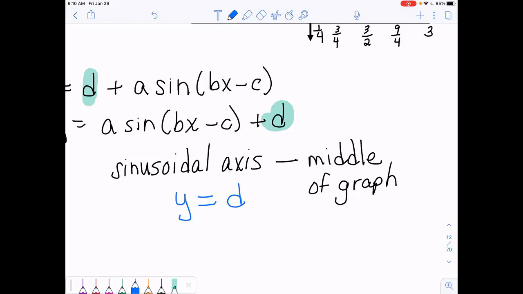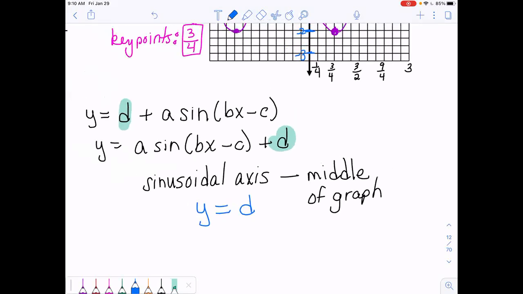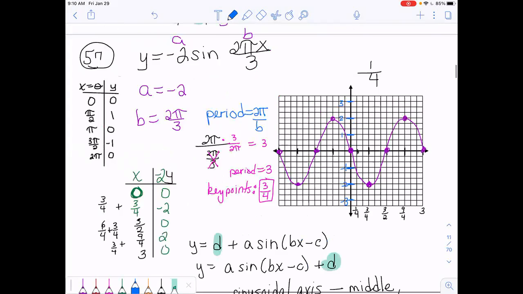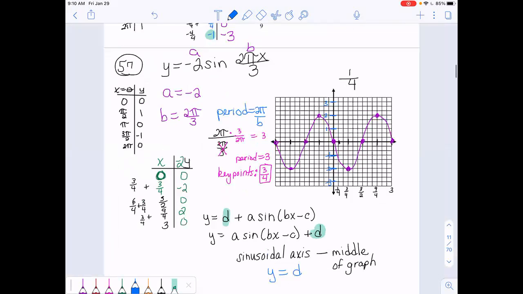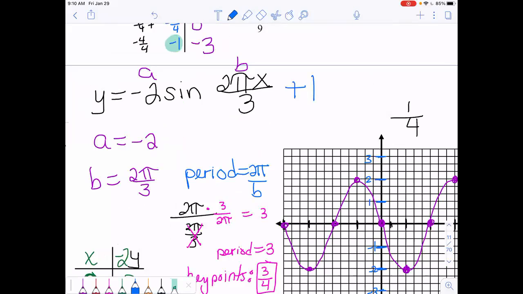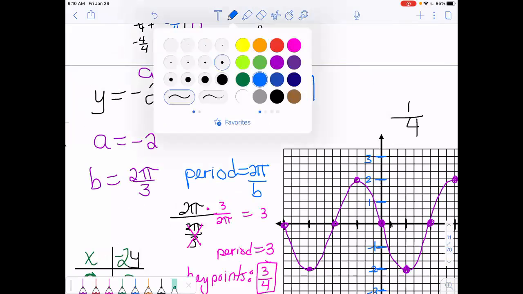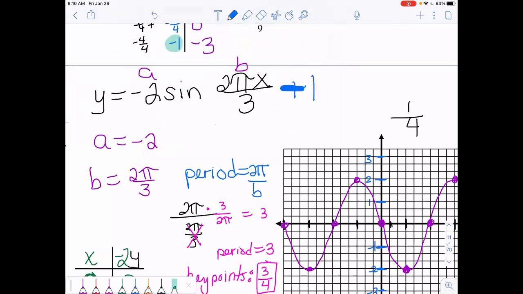So I'm going to take the problem we just did. I'm going to come up here to the equation, and I'm going to add a +1 to the back. That +1 is my vertical shift. That's the D value.